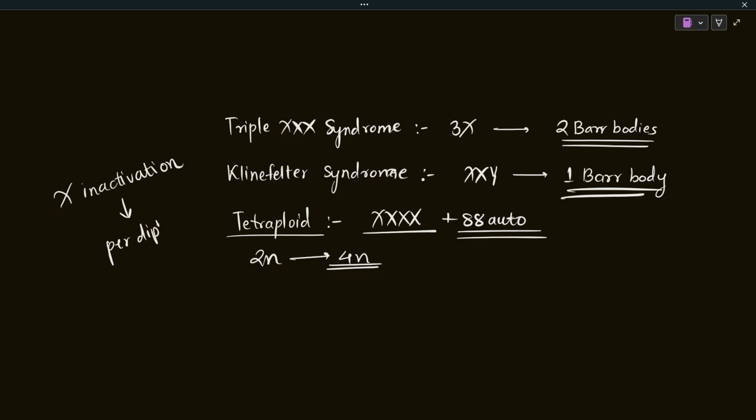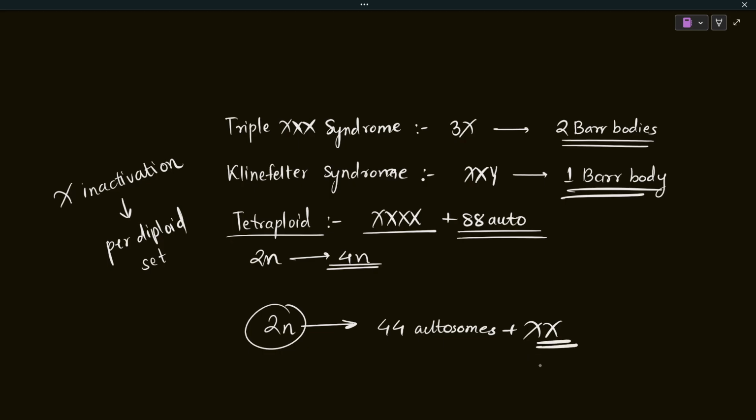When the cell is 2n, it's diploid. It will have 44 autosomes plus two X chromosomes. In that case, one X chromosome will be inactivated.